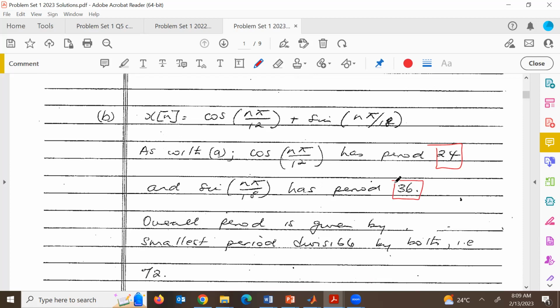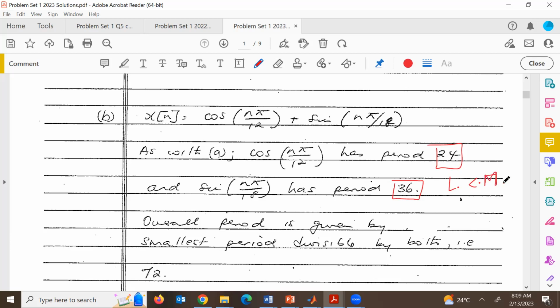So if we add the two of them together, the only way that will happen is if there's some integer that is a multiple of 24 and 36. If you remember back from primary school, something called LCM, lowest common multiple.